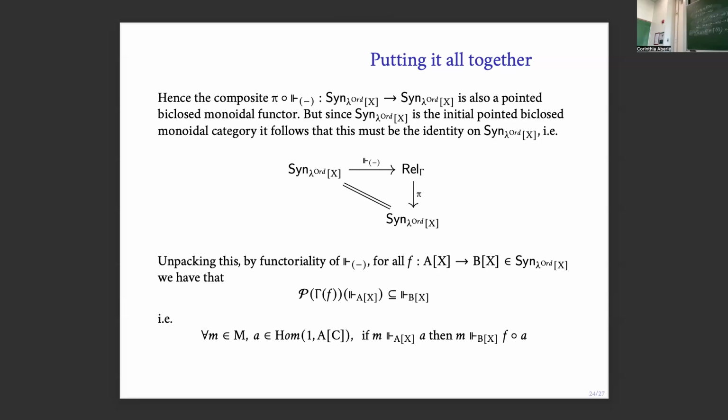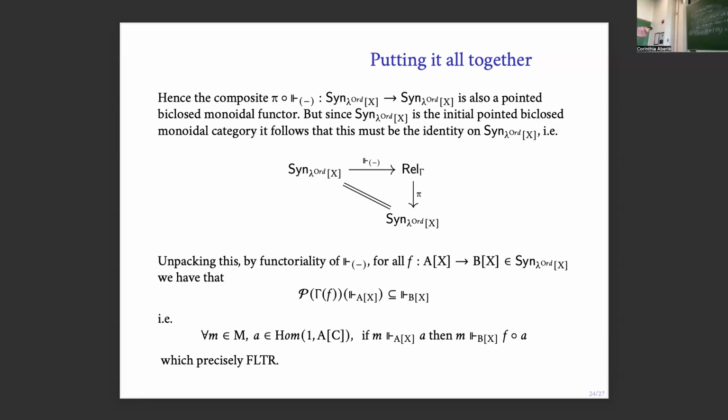And if we unpack that further, what that means is for all elements of the monoid and all global sections, oh, that should be an I, of the type A of C, if M is related to A at the value here for A of X, then M is related to the precomposition of F by A, which is precisely the fundamental theorem that we proved earlier. And so now we didn't have to do a whole big complicated induction to get this.